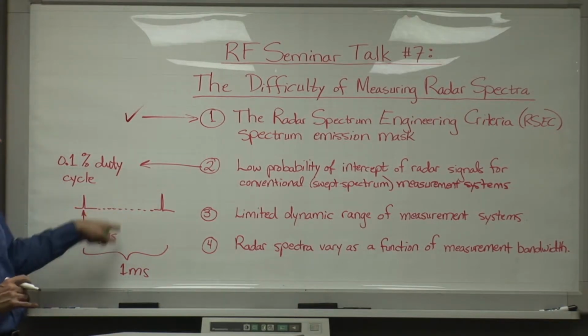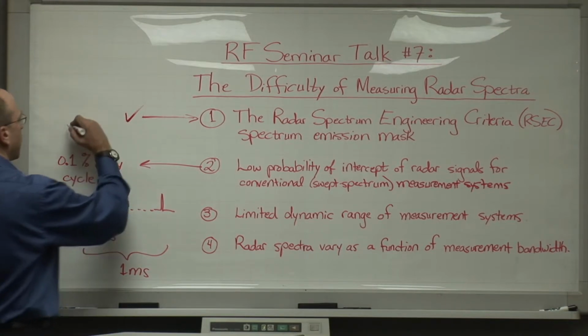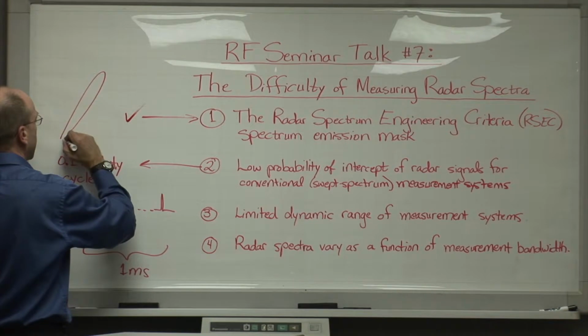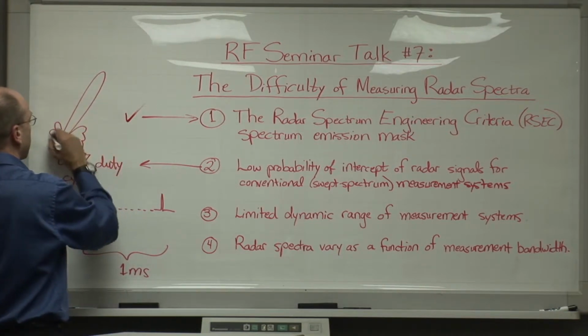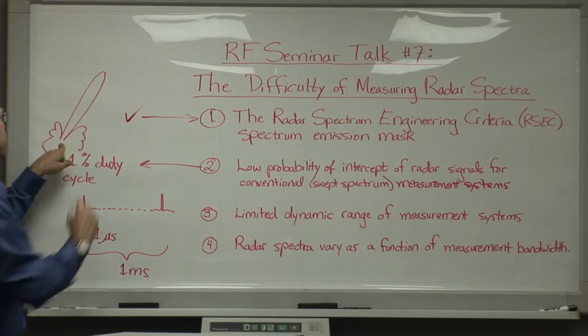So this radar is only on for 0.1% of the time, and to make the problem even more complicated, as we pointed out again last time, the radar emissions themselves are contained in an antenna beam, which looks kind of like this if we're looking at air traffic control radar seen from above.